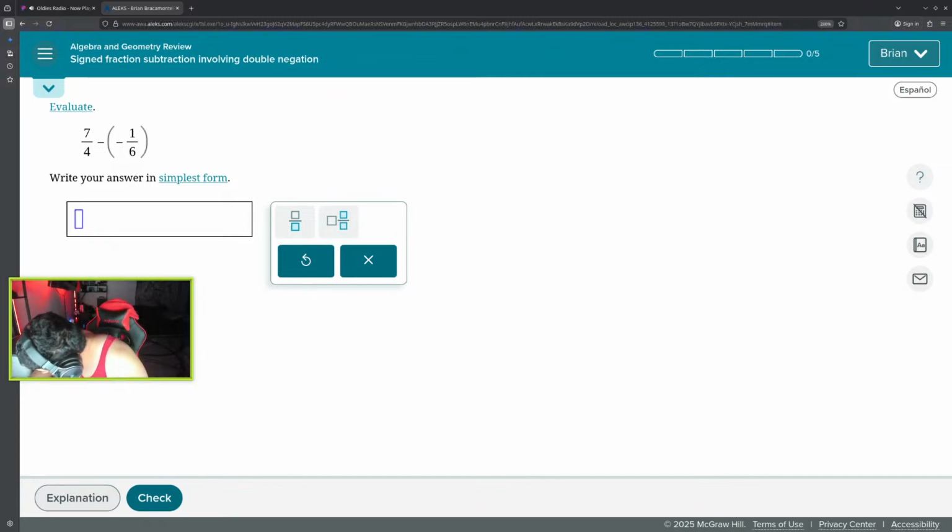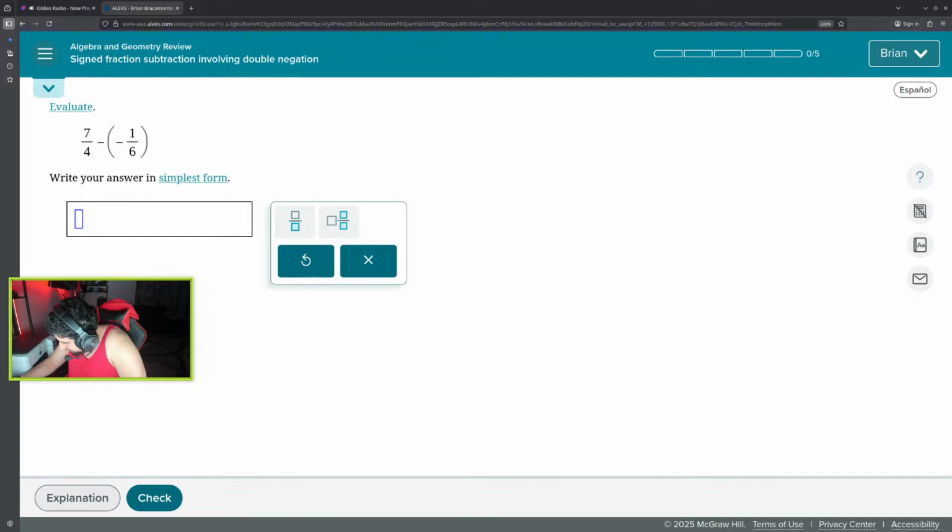All right. 7 fourths minus, in parentheses, a minus 1/6. So you can see here the common denominator, if you guys know your multiplication tables, is going to be 12. All right. And then we could automatically just put a plus, so we could get rid of this part right here in the middle.